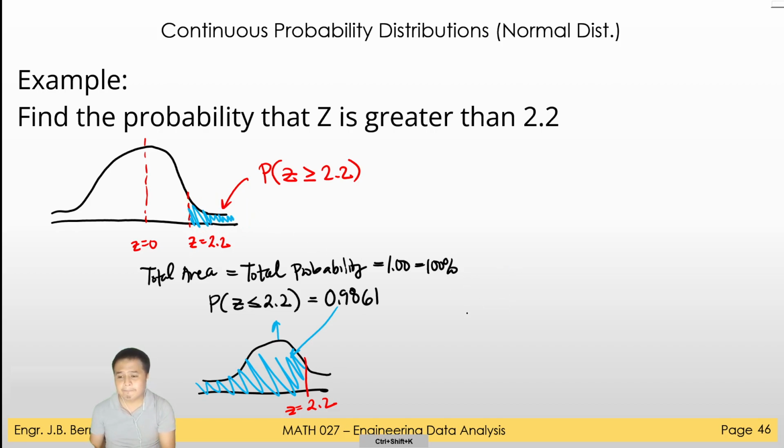So therefore, if the total probability is 100%, then this is the remainder, or the leftover. So we have the probability of z greater than 2.2, this is what we're trying to find.